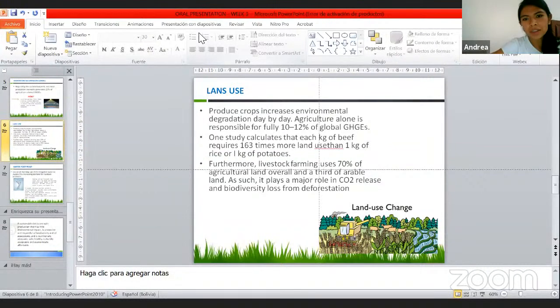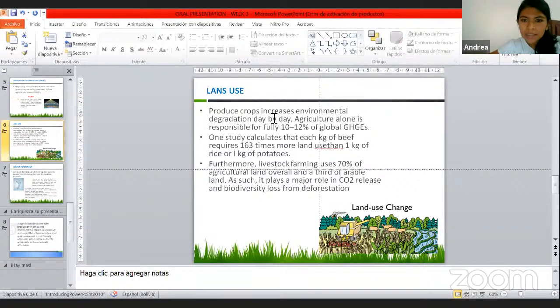Another important fact that we have to take into consideration for reducing meat consumption is land use. Producing crops increases environmental degradation day by day. Agriculture alone is responsible for fully 10 to 12% of global gas emissions.